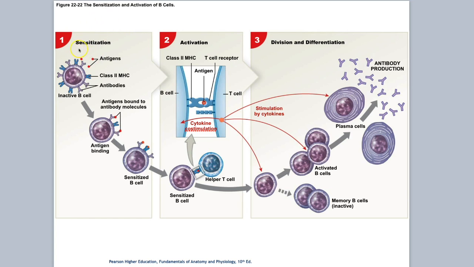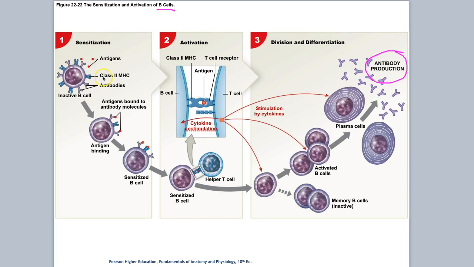So the B cells, we're going to focus on B cells now. Remember, T cells are part of our cell-mediated immunity. B cells are part of our antibody-mediated immunity. So we know the end result here: if we get activated B cells, we're going to end up with great antibody production. B cells have different receptors on their surface.